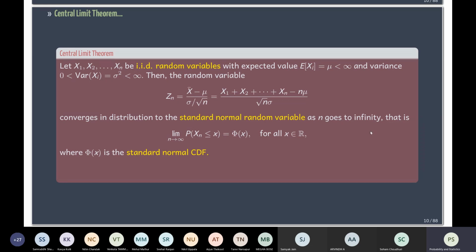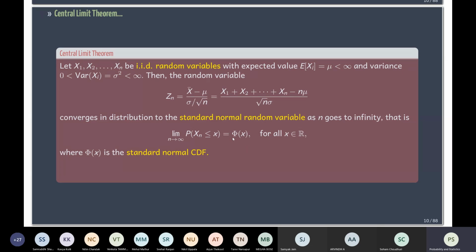As n tends to infinity, it will behave like a standard normal variable in the sense that the mean will be 0, the variance will be 1, and the CDF will behave like the CDF of the standard normal.